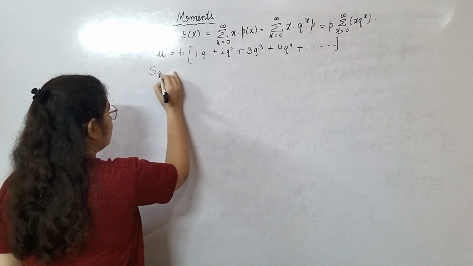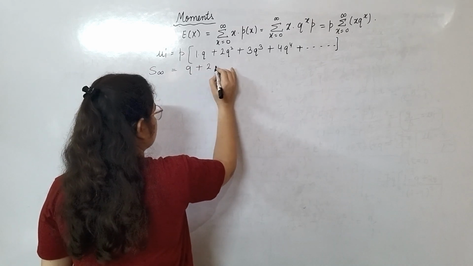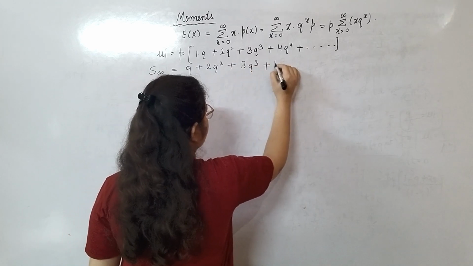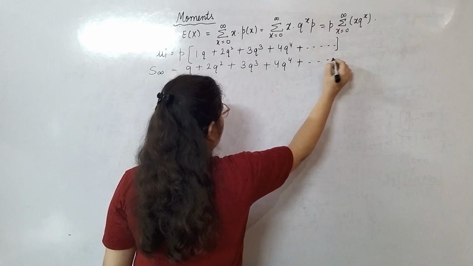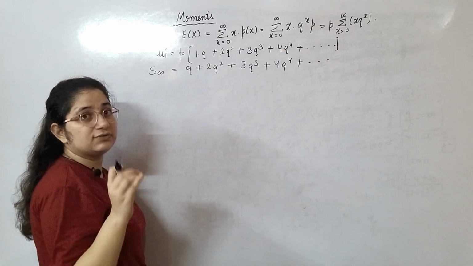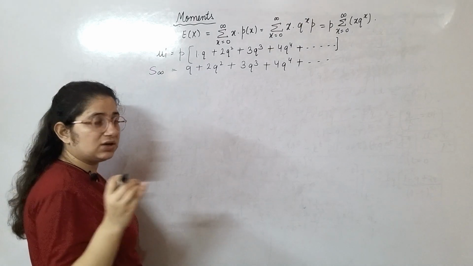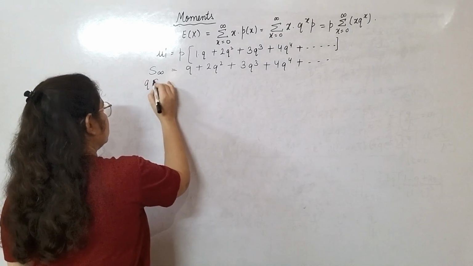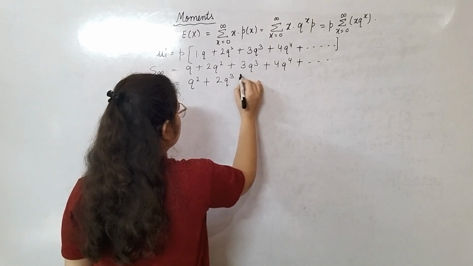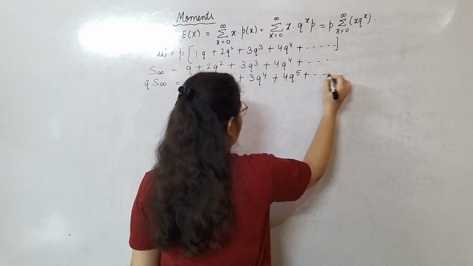Let us assume S infinity is equal to q plus 2q square plus 3q cube plus 4q 4 and so on. Now, what is the common ratio in the GP case? In the GP case, it is q. So multiply by that q: q S infinity is equal to q square plus 2q cube and so on.